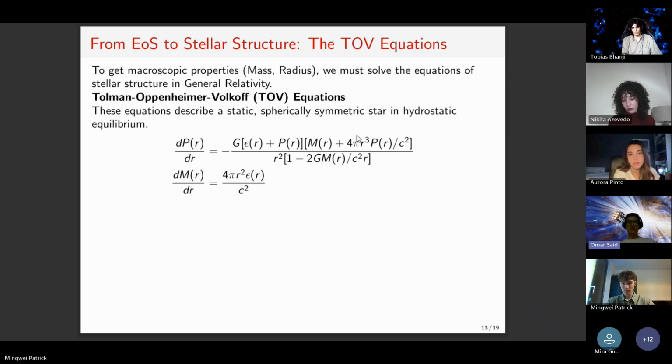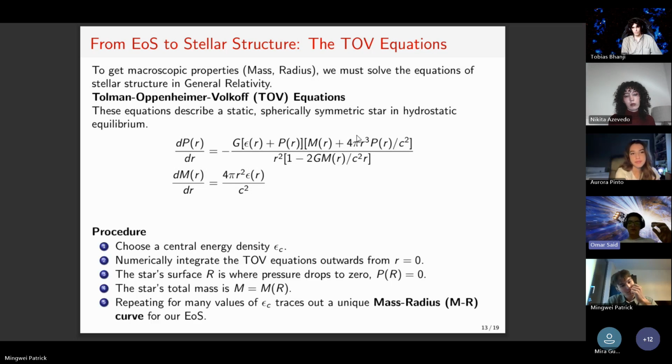And if we choose a central energy density and then numerically integrate the TOV equations outwards from R0, then at the star surface R, the pressure drops to 0 because you're just at the surface now. And the star's total mass is just m at r equal R in the equation.